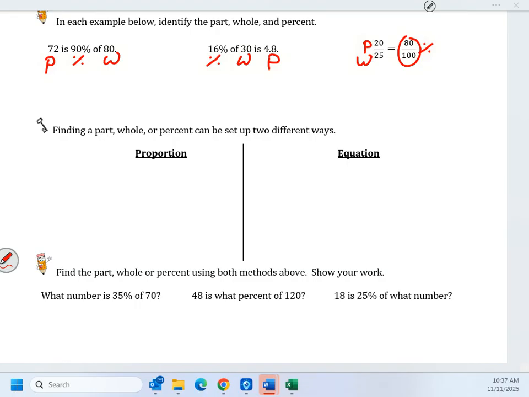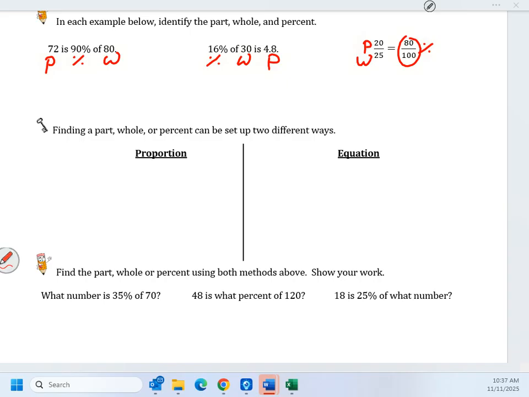I got 20 out of 25 correct. Okay. So my part would be the 20, that's how many I got correct, out of a possible 25. So 20 out of 25, part over the whole. Always remembering that percentages have that magic number 100. So the denominator of 100 tells me it can convert to a percent.